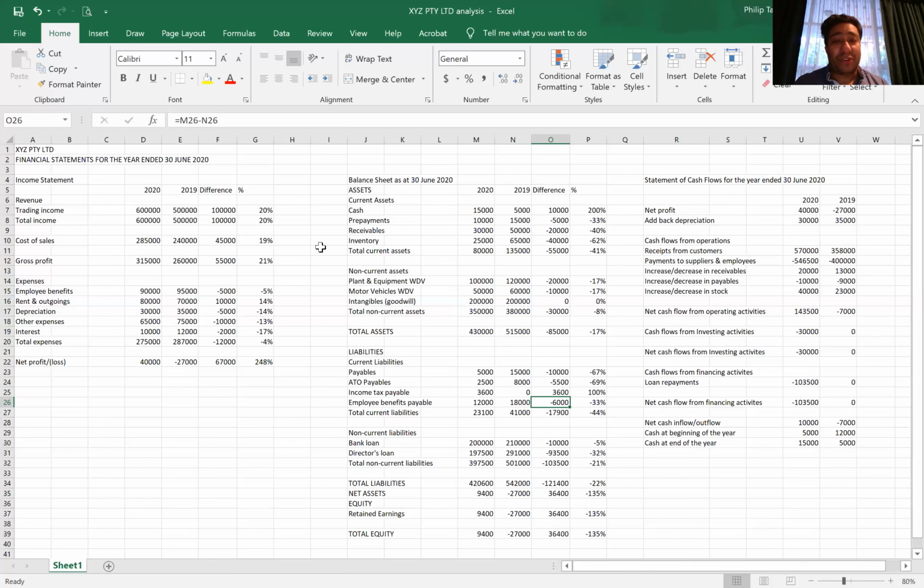So employee benefits payable has reduced by 33% as compared to 2019, and total current liabilities overall reduced by $17,900. It means that the company has been able to pay its current obligations, and it's reduced by 44% as compared to 2019.